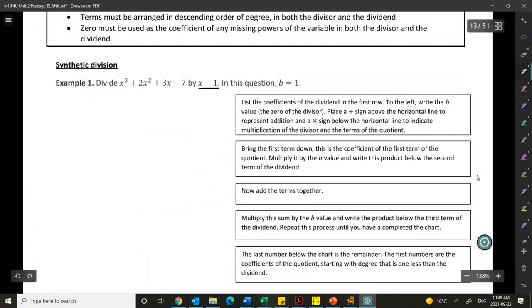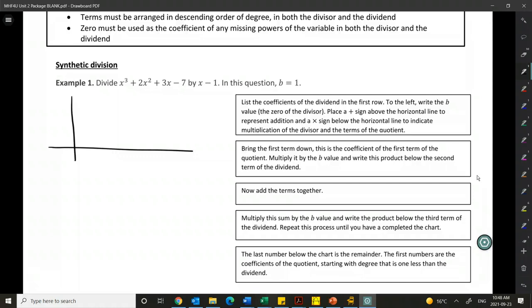So when I have x minus 1, I use kind of the 0 of that divisor. I use 1. And what we're going to do is create this little chart. We take the coefficients of all of the x's of the dividend, and we're going to create a row on top. We'll also have a row on the bottom, so leave yourself some space there.